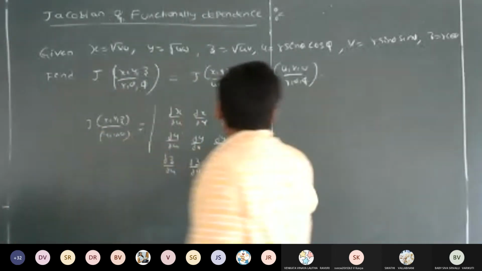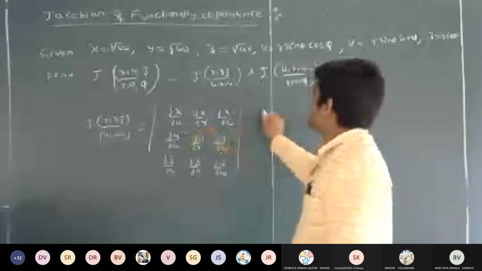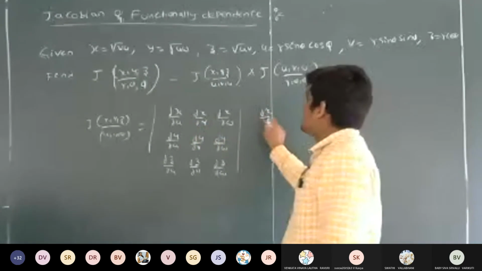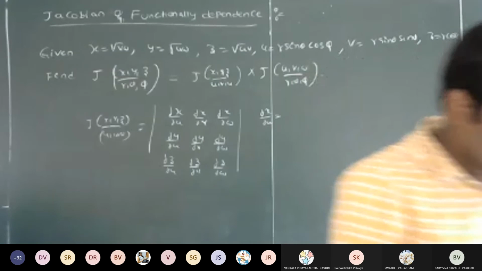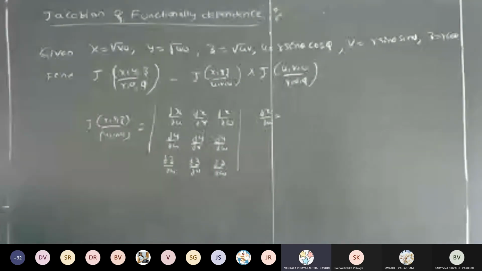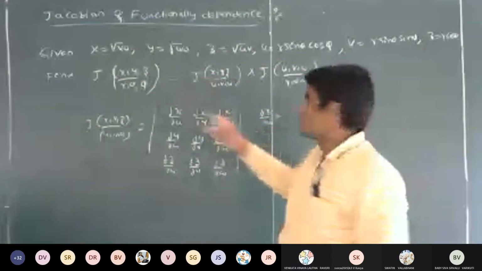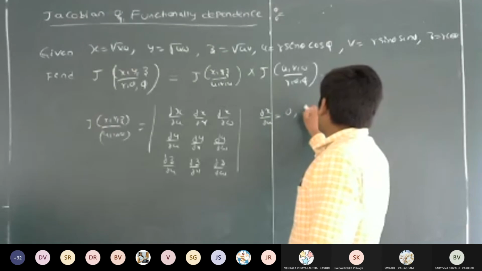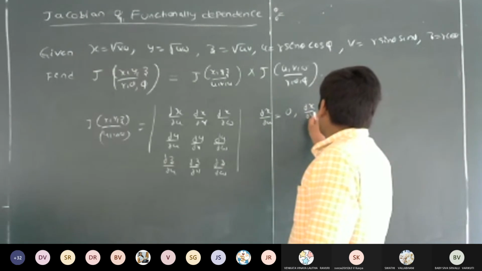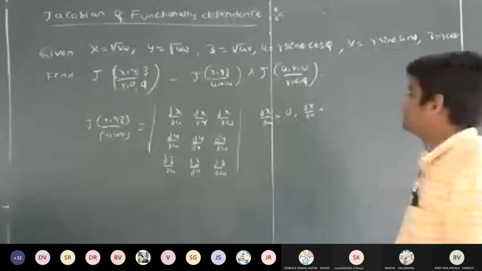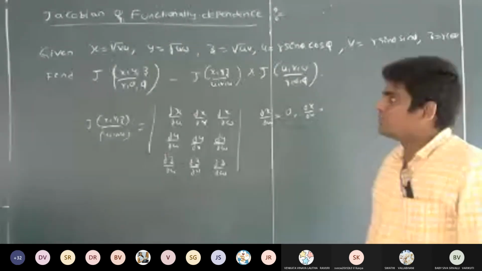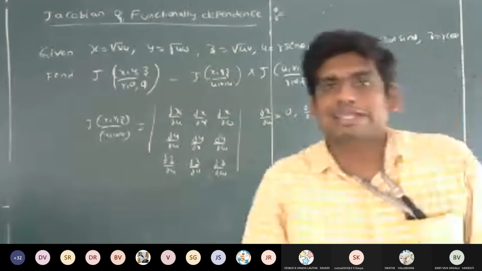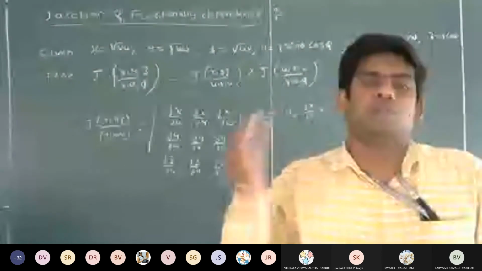Now we calculate these values. What is the value of dou x by dou u? It is 0, because x is independent of u. Next, what is the value of dou x by dou v? Write x as root u, root v into root w.